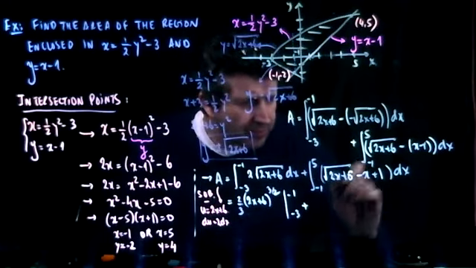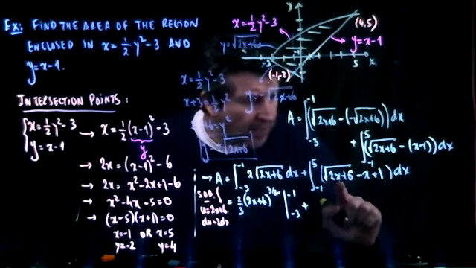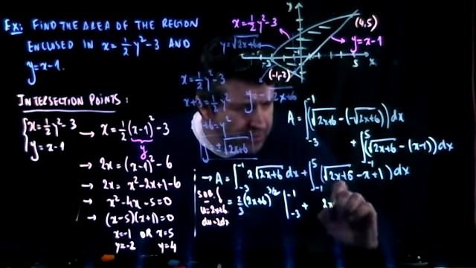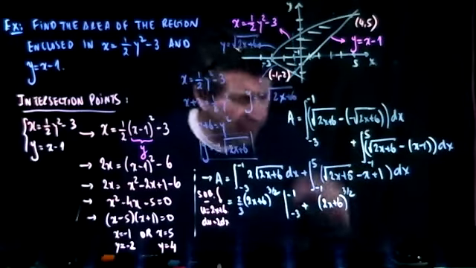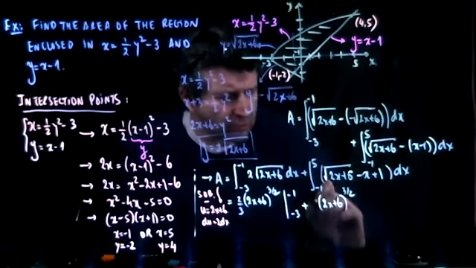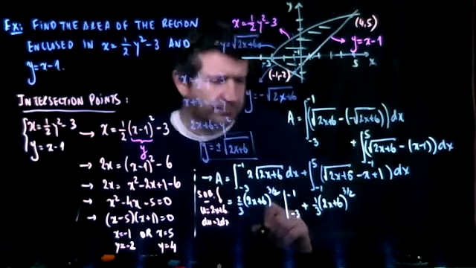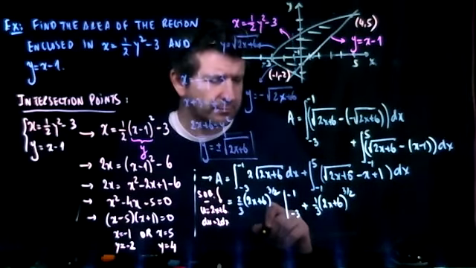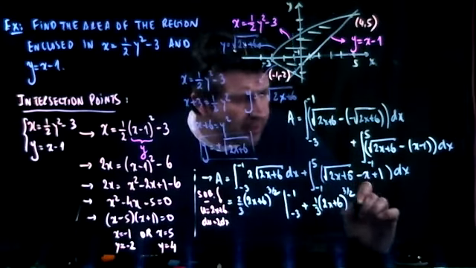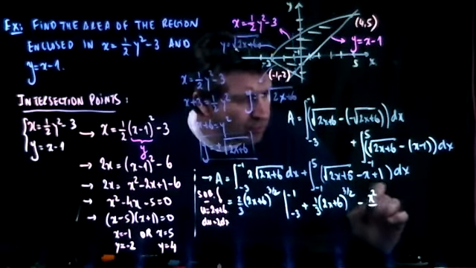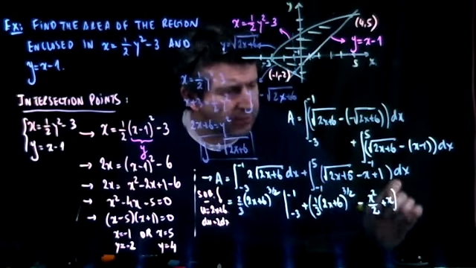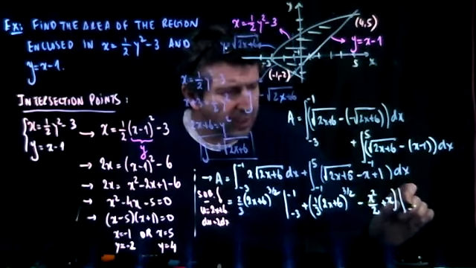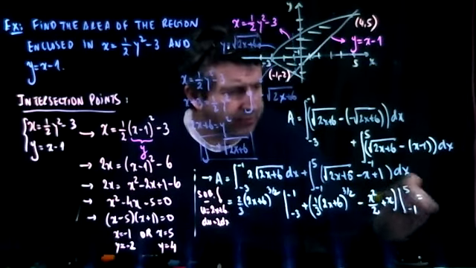And here, again, I will have 2x plus 6 to the power of 3 over 2 divided by 3 over 2 divided by 2, so times a third. Okay, and then minus x squared over 2, and this is plus x, and all this evaluated from -1 until 5.